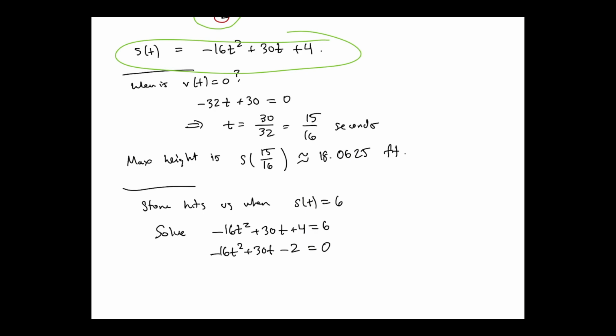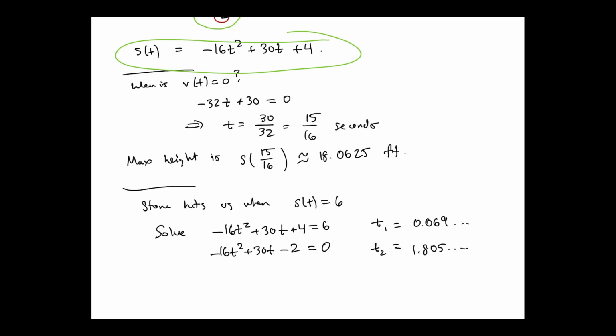All right, and so with Mathematica, I get these two values: 0.069 and 1.85. So clearly which one is the one that we want? The second one, because that's going to correspond to when it's coming back down rather than when it's going up.